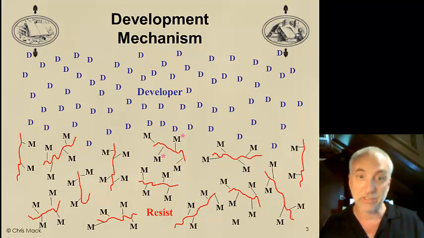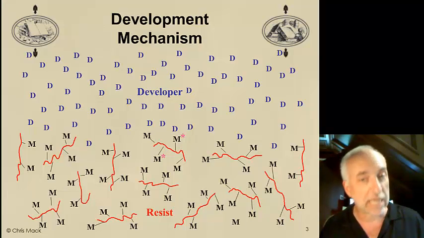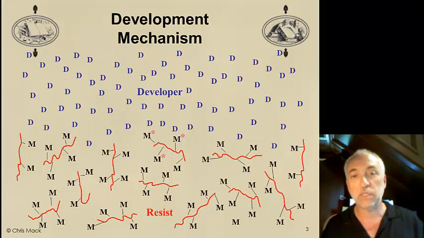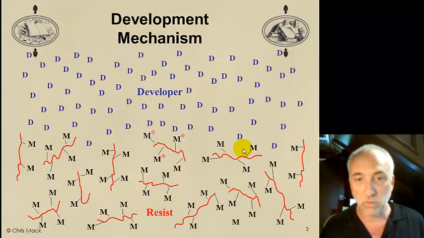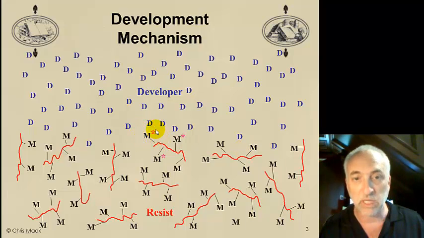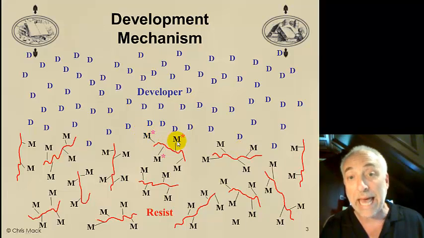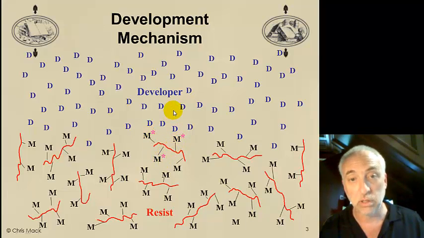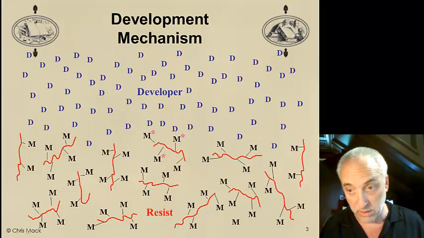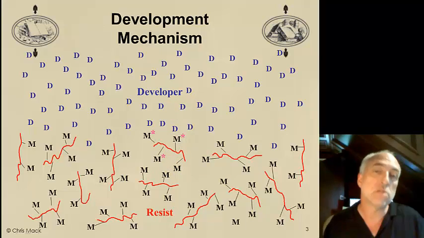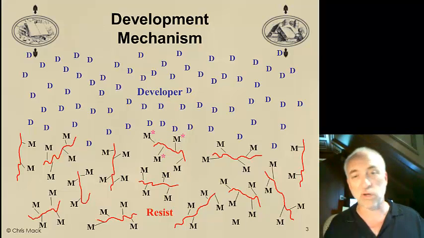Okay, let's keep exposing. Let's keep deprotecting. So I deprotect a little bit longer, and lo and behold, this site becomes deprotected. Now I've got 3 sites that are deprotected trying to pull that molecule into solution, and 1 site trying to hold it back. Well, you see that we've got a tug of war going on here.